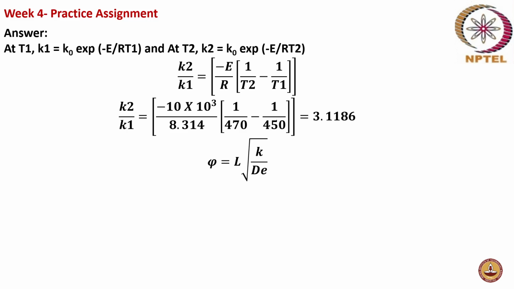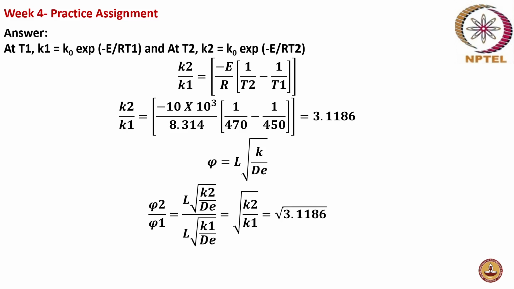We know that for a first order reaction, Thiele modulus is given by L into square root of K by dE, where L is the characteristic length, K is the reaction rate constant and dE is the effective diffusivity. Now, if we take the ratio of phi2 by phi1 for both temperatures, then you will end up with L into square root of K2 by dE divided by L into square root of K1 by dE, which is equal to square root of K2 by K1.